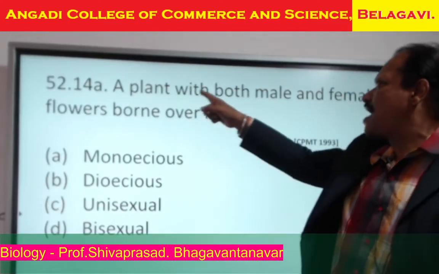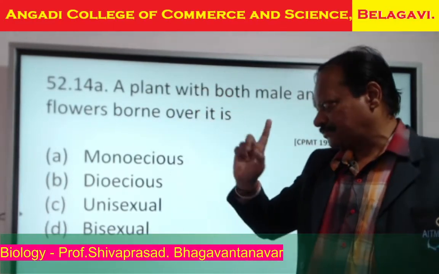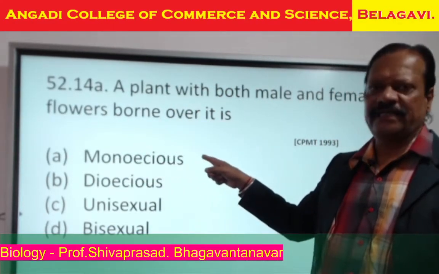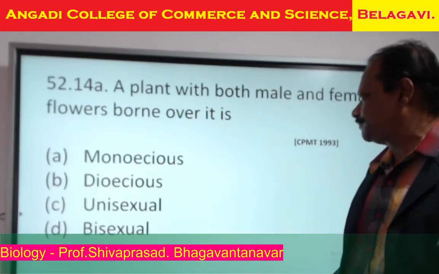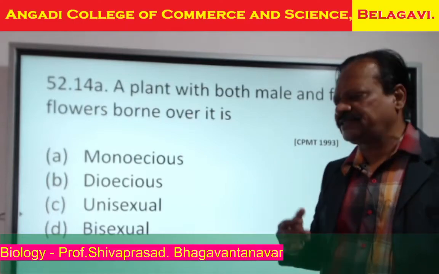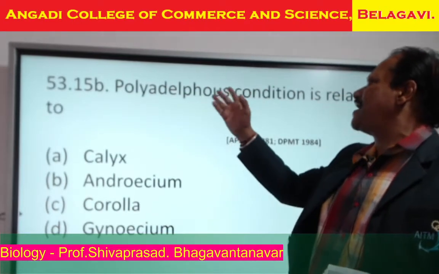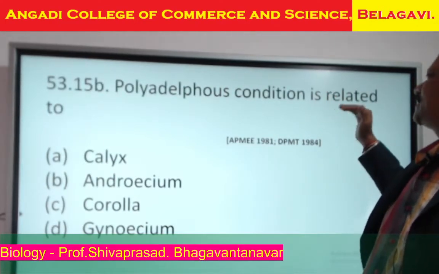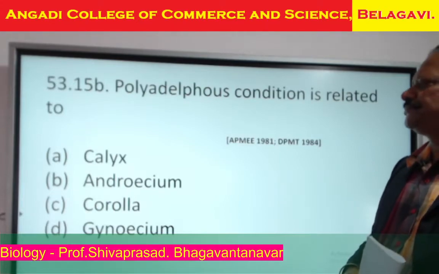Here, a plant with both male and female flowers are born. That is nothing but monoecious plant. So, option A is the right answer. We'll move to the next. Polyadelphous condition is related to polyadelphous condition.